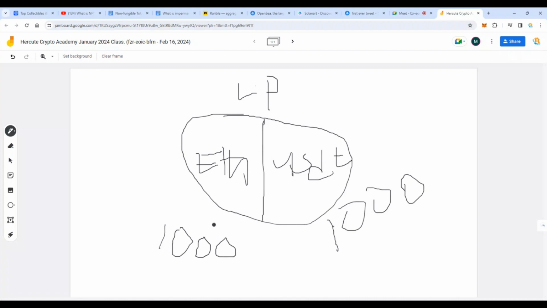So our liquidity pool will have both USDT and Ethereum at the same time. Now, if more people put in USDT here, it means they are taking out Ethereums, right? So let's assume initially we had 10 Ethereums, which were equivalent to 1,000 USDT.